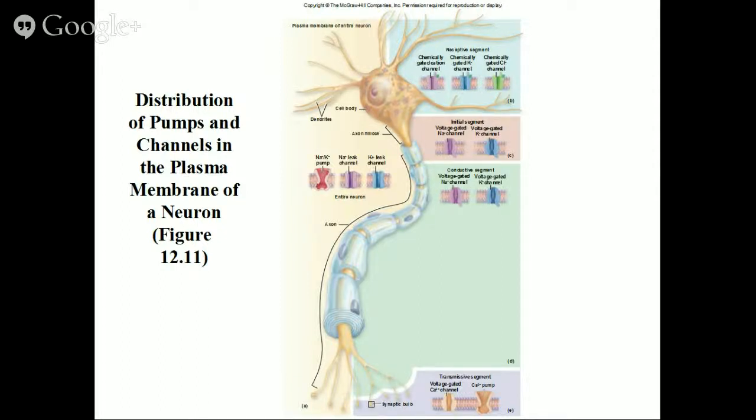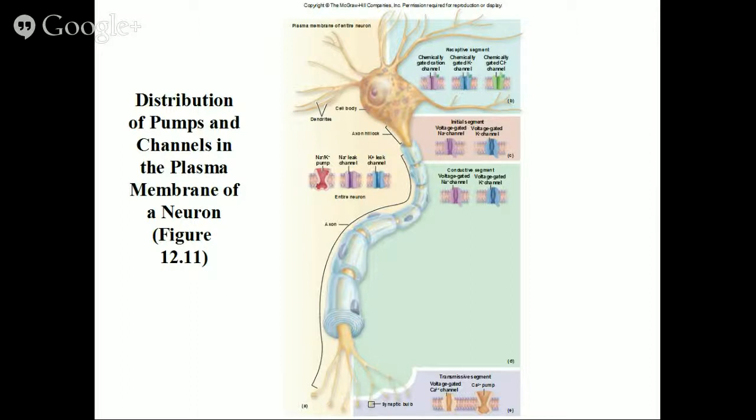That presynaptic neuron would then make the neuron in this picture a postsynaptic neuron. The presynaptic neuron is releasing neurotransmitters, chemicals that are released across the synaptic cleft, and they bind to specific receptor sites on the surface of the dendrite and the cell body.